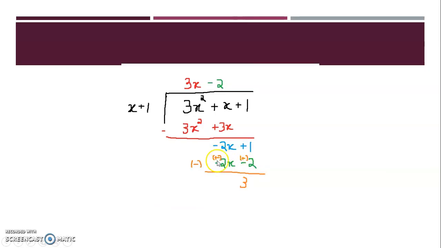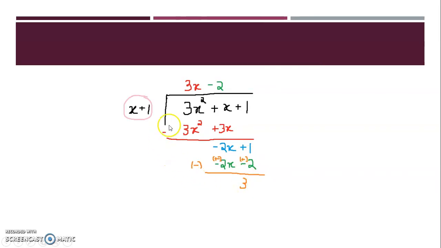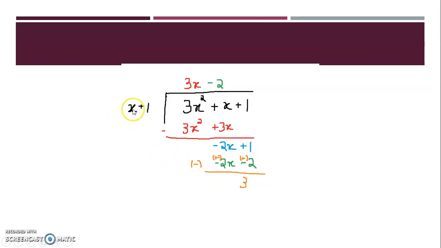So upon subtracting, this becomes plus 2x, plus 2x and minus 2x gives us 0, and this becomes plus 2, plus 2 and 1 becomes plus 3. Okay, so upon dividing 3x square plus x plus 1 by x plus 1, the quotient is 3x minus 2 and the remainder is 3.